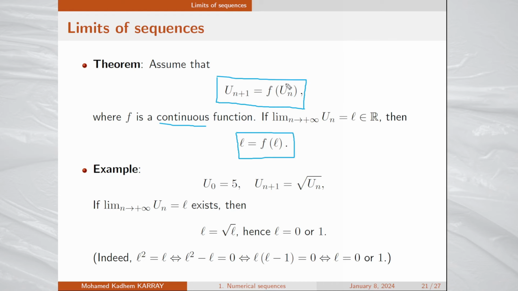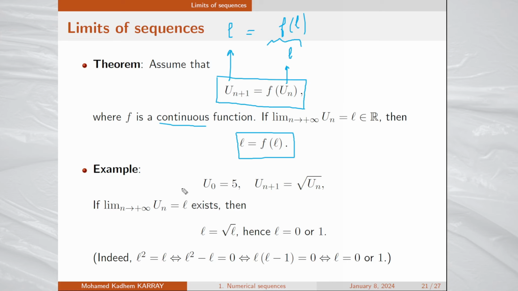So un goes to L, so this term converges to L. Then all this term, since f is continuous, goes to f of L. And also the left hand side here converges to L. So L equals f of L. And in this case, we try to solve this equation to get the value of the limit L.